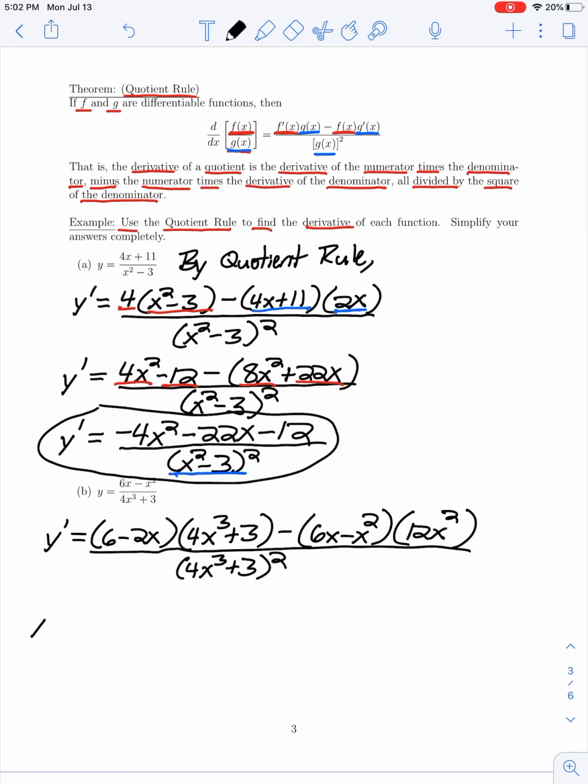So again, to simplify, we can expand throughout the numerator and group like terms. A little bit later in the course, we'll see why this would be worthwhile.